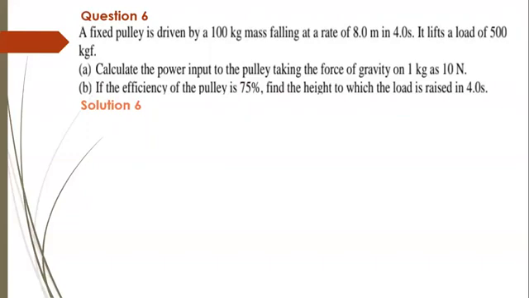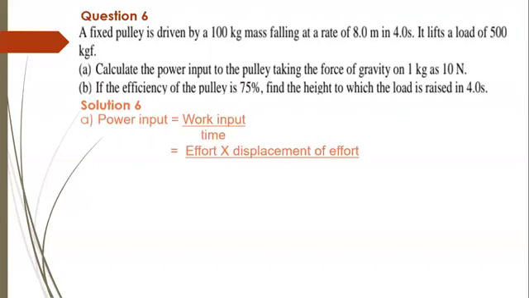Power input is the work input per unit time. Work input is effort into the displacement of effort. Work is equal to force into displacement. Here force is the effort applied into displacement of effort upon time. We are given only the mass which is pulling the load in the upward direction.